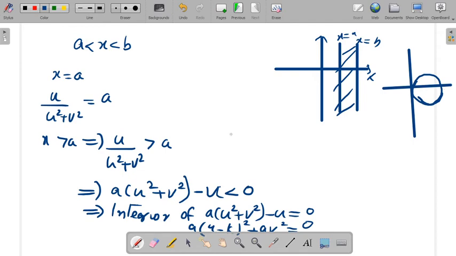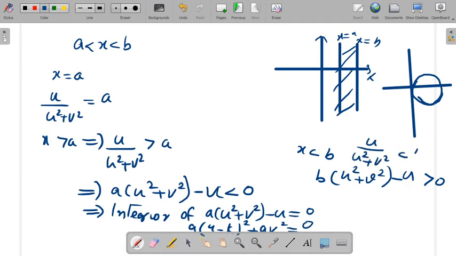Now if you take x less than b, what you will get is b(u² + v²) − u greater than 0. That is, u divided by (u² + v²) less than b, that is x. So b(u² + v²) − u greater than 0.